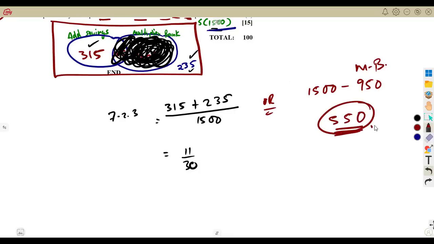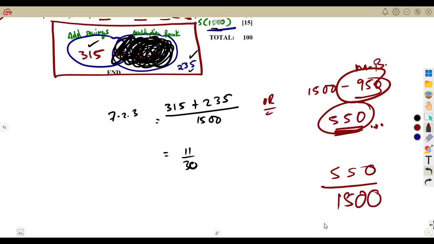They do not use the multiplier bank, these ones. Because we have removed 950, everyone who is using the multiplier bank. So remove them from the total. So you have 550, and 550 over the total. That is now your probability of those ones who do not use the multiplier bank, as a percentage, as a decimal, whatever that you want. Or you can just leave it as a common fraction, 11 over 30.